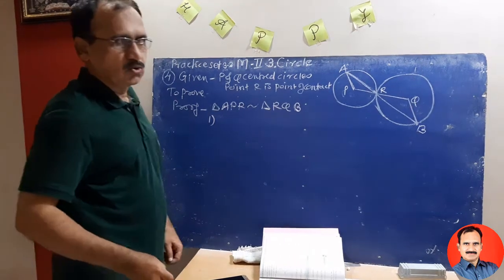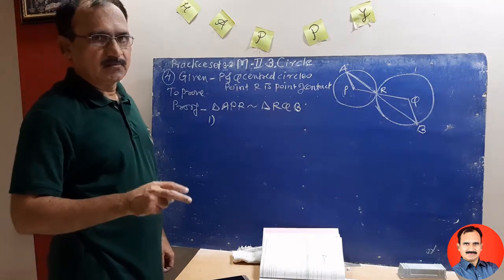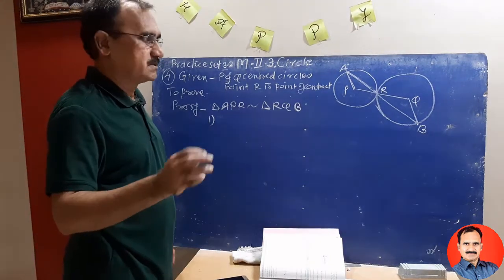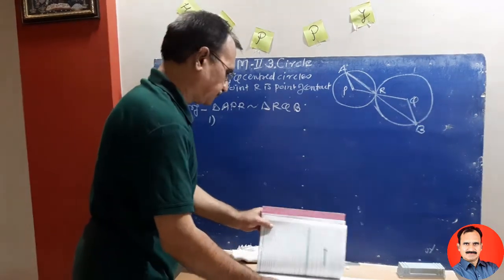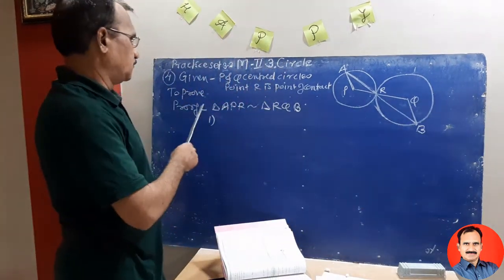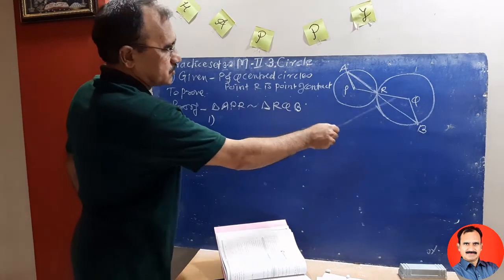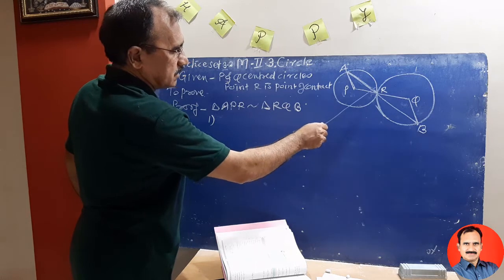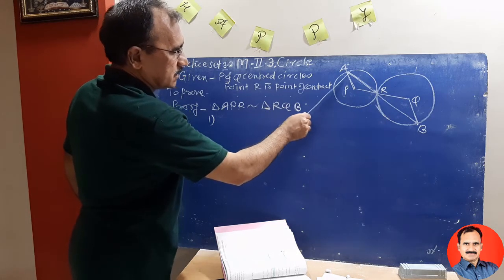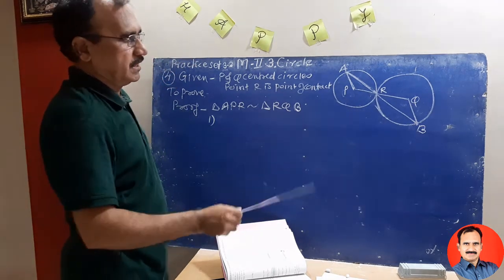How? You know the tests of similar triangles: by AA test, by SAS test, and by AAA test, by SSS test. Here in the first point we see these two angles are congruent. Now in these two triangles these two pairs are congruent, and therefore these two triangles are similar by the AA test.